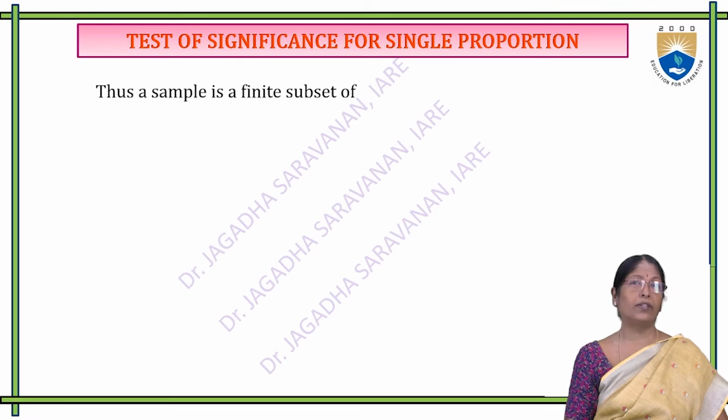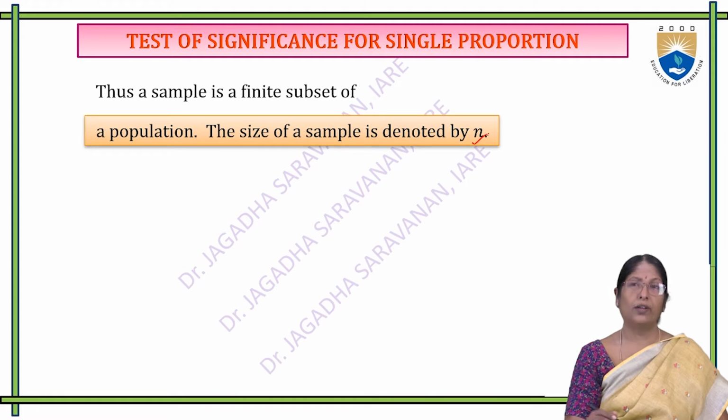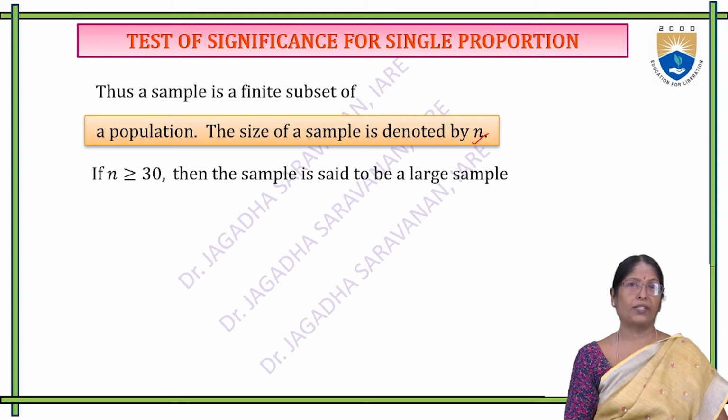Then samples are of two types, small sample and large sample. How to differentiate them? The size of the sample is denoted by small n, and the population size is capital N. If the sample collected from the population is less than 30, we call it a small sample.